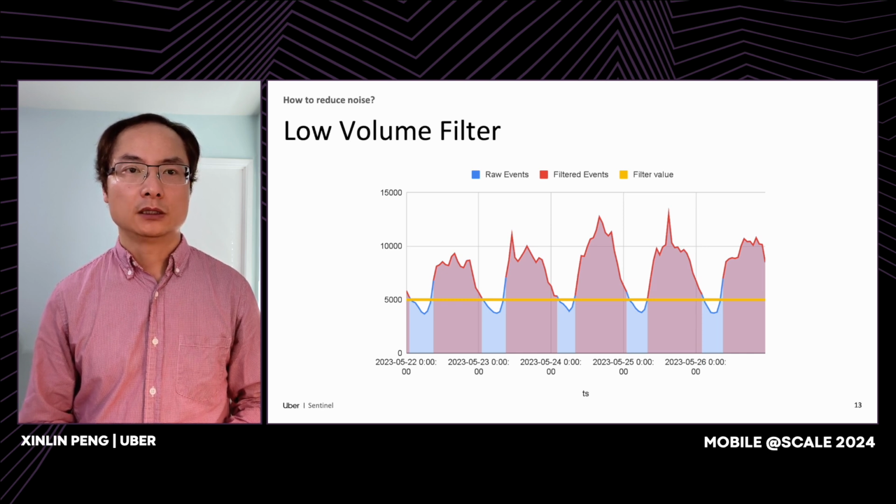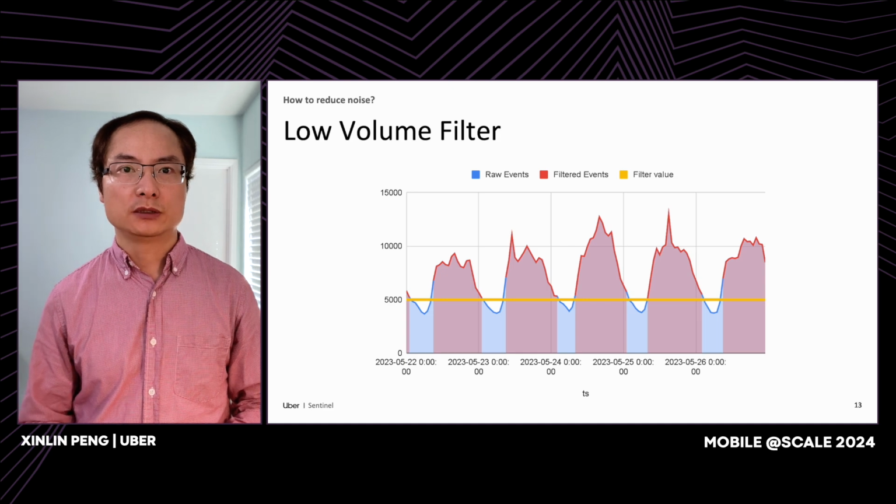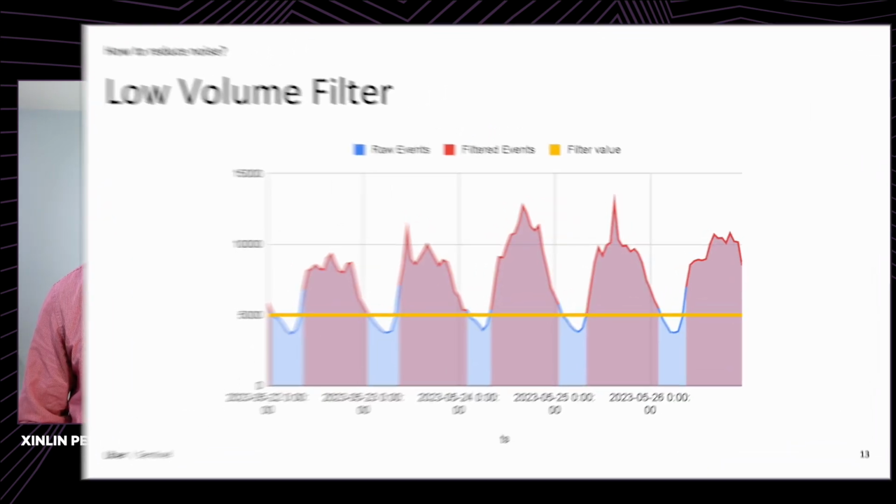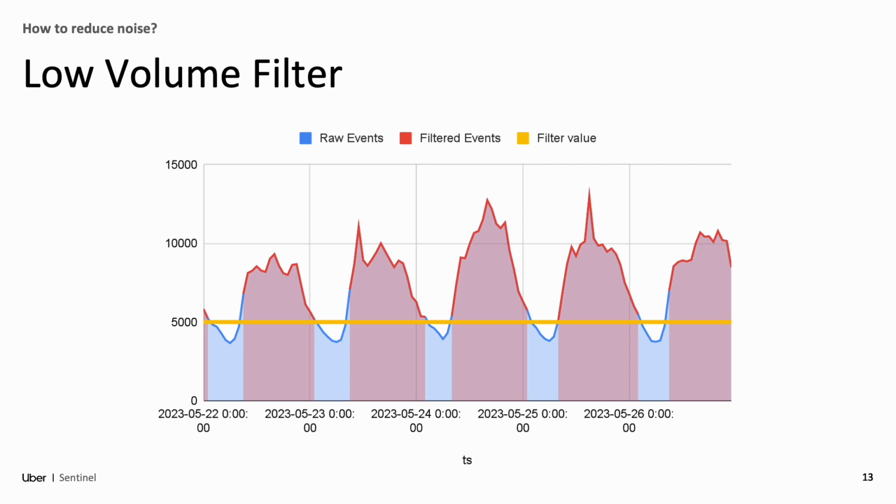To avoid alerts getting triggered during these low volume times, we automatically determine a filter value based on the historic metric data and turn off the alerts when the volume is lower than the value. In the above case, the alerts are only enabled during the red region. By default, we turn off the alerts for a max of 8 hours per day.